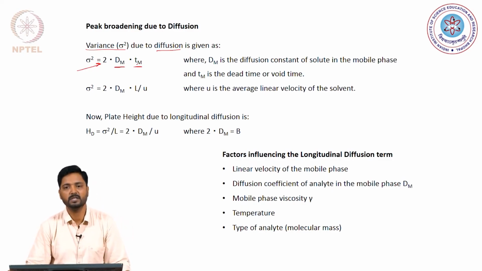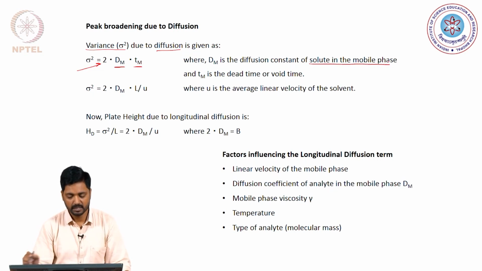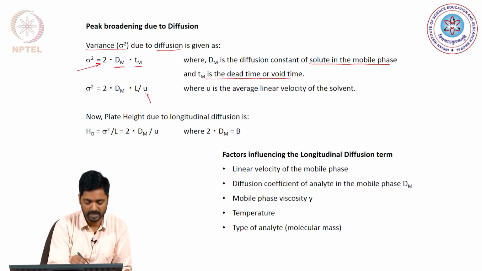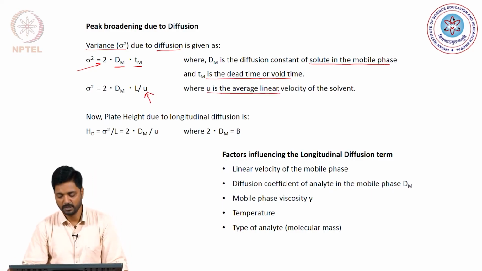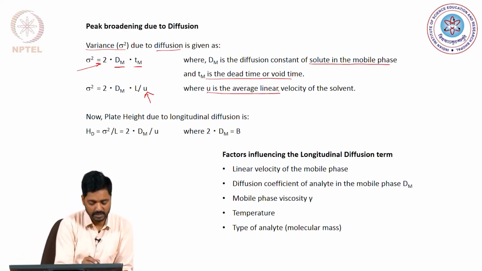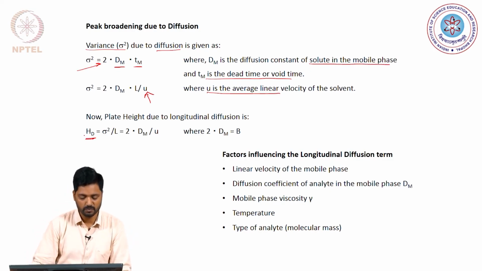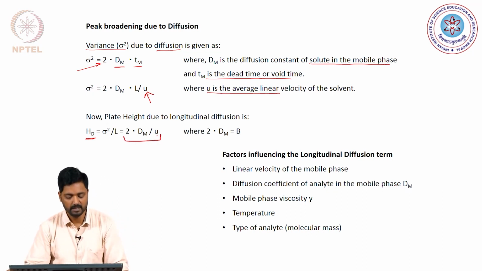Dm is the diffusion constant of the solute in the mobile phase, and tm of course is the dead time or the void time. Now, tm can as well be written as L by u, where u is the average linear velocity of the solvent. When we rearrange all of this, we get the plate height arising due to the longitudinal diffusion as sigma square by L, or 2 Dm by u.